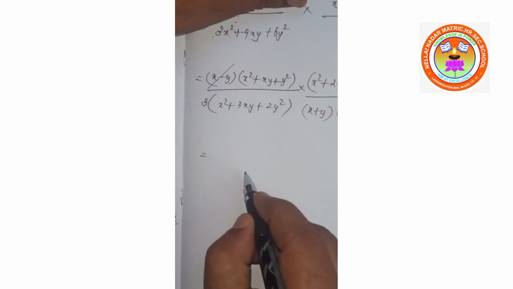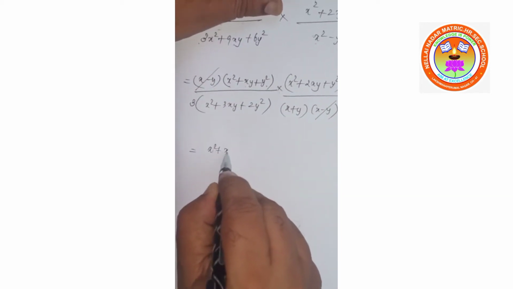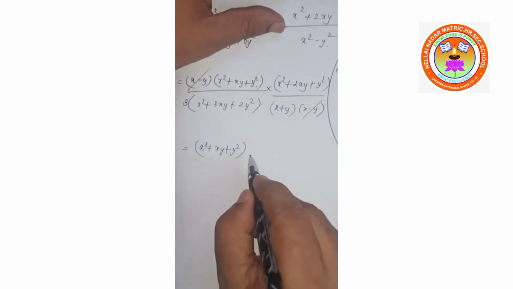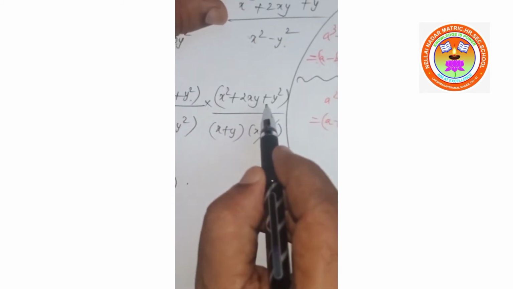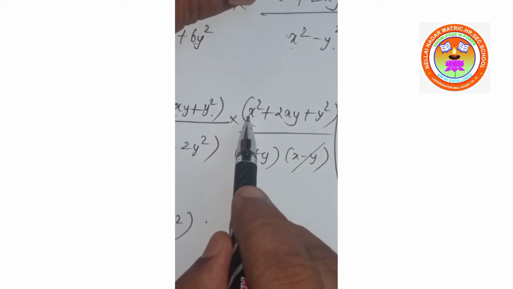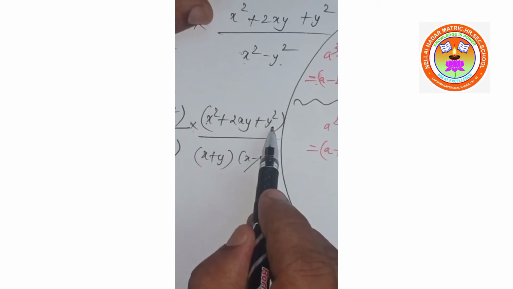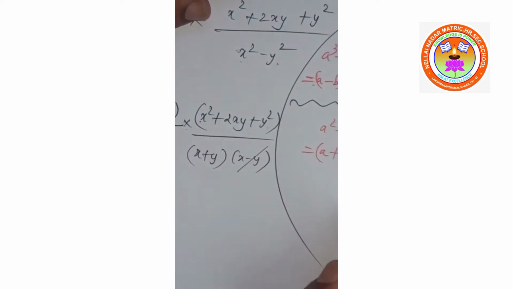That is equal to, here x² + xy + y², write as it is, into this one can be factorized. Look at that. Here we have x² on one side and at one corner, at another corner we have y². The combination of x and y in the middle. In that case also we can factorize.